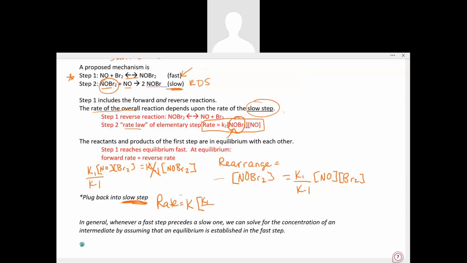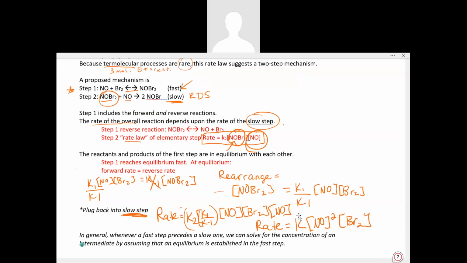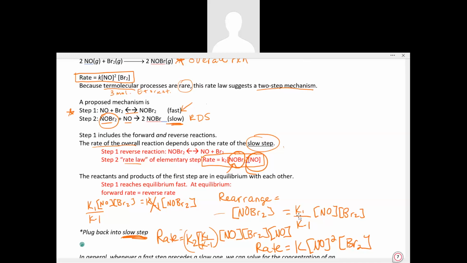We can write everything out here, but we can simplify all these ks to be one k, since this is just one reaction. And then we'll end up with this here, Br2, and then there was the other NO here. So we have to include that. So that is where we end up with the experimentally determined rate law that looks like this, where rate equals k times NO squared times Br2. And again, that was given at the start of this problem.